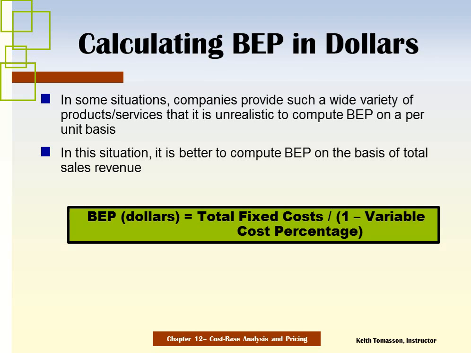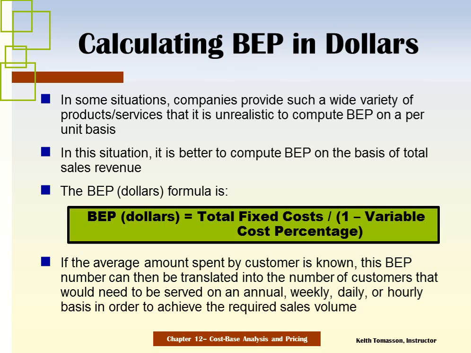So in those cases, it's easier to compute the break-even point based on the total sales revenue. The formula is break-even point in dollars equals the total fixed cost divided by 1 minus the variable cost percentage. And the variable cost percentage, of course, would be the ratio of variable costs divided by selling price per unit.